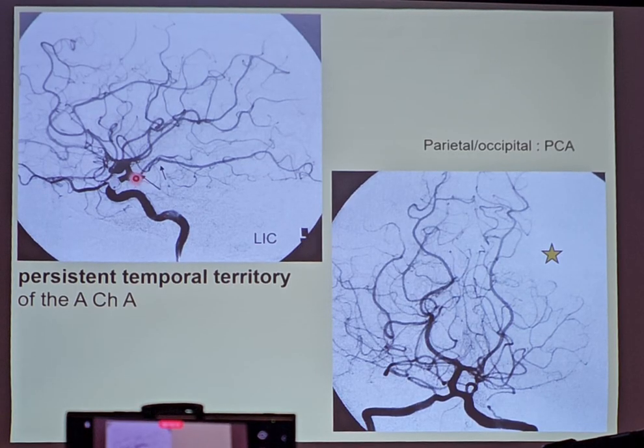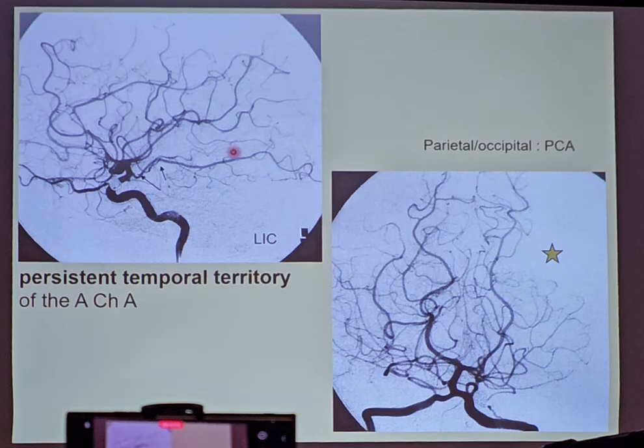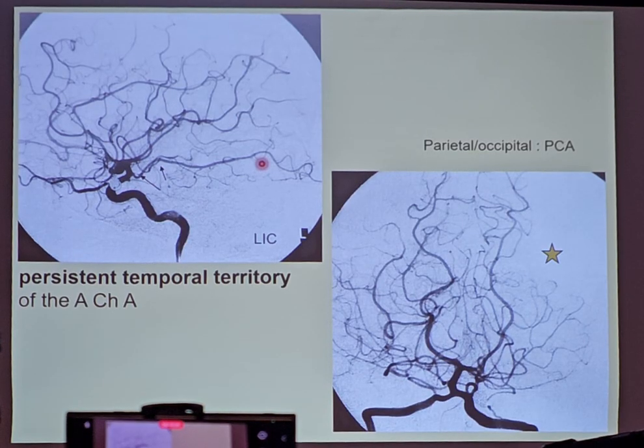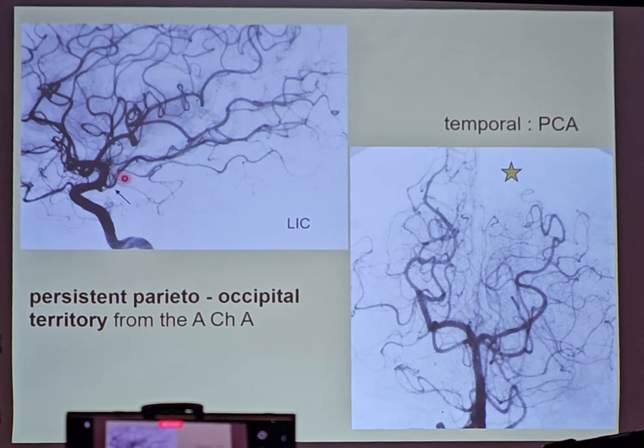And if you look at this, you see the anterior choroidal arterial system has a lot of vessels coming off. So in this case, the temporal territory is persistently opacified by the anterior choroidal. The temporal territory is not supplied by the posterior cerebral, but continues to be supplied by the anterior choroidal arterial system.